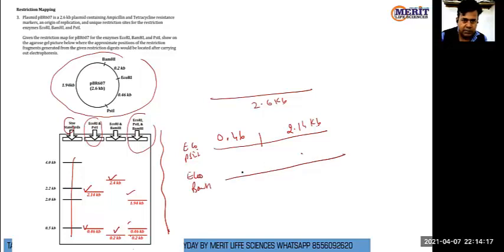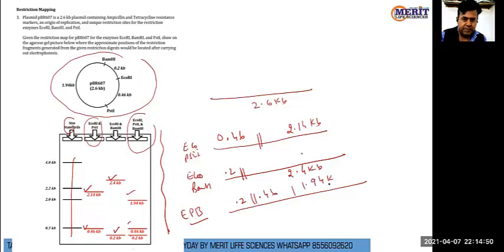This is a larger fragment. The smaller fragment is just 0.2 kb, and this is now 2.4 kb. Okay. And now you are mixing all 3, EcoR1, PstI and BamH1. Now you are getting the 0.2 as well as 0.46 and then 1.94 kb.